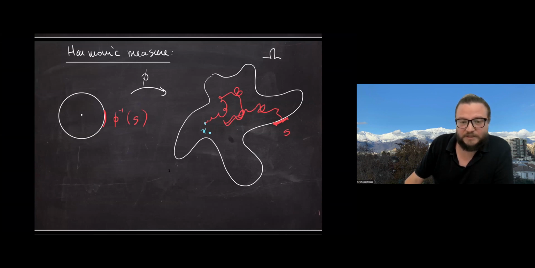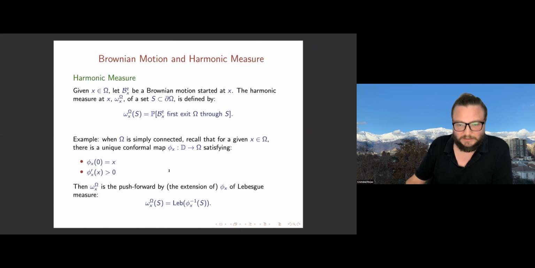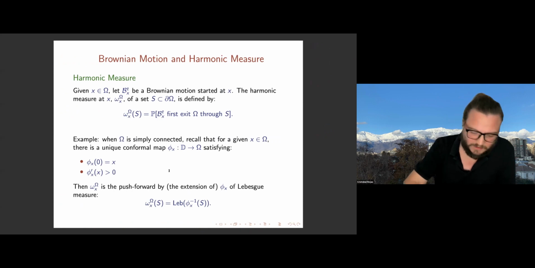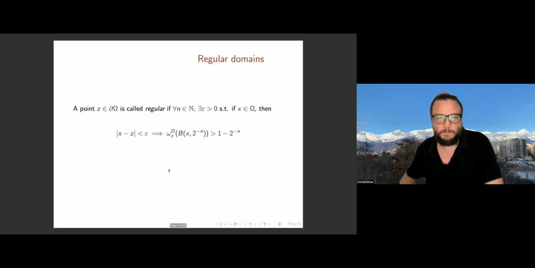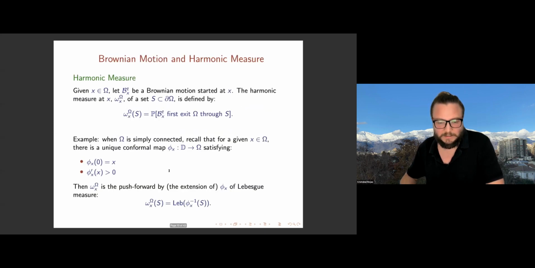Okay, well, this is the simply connected case, the case which is most well known.